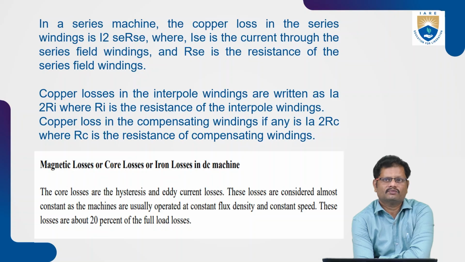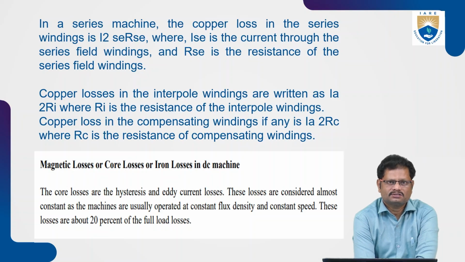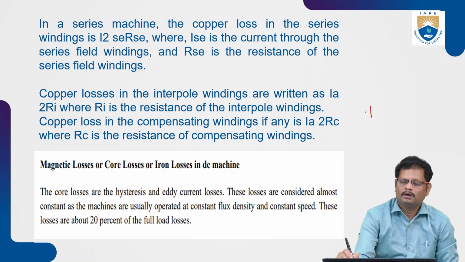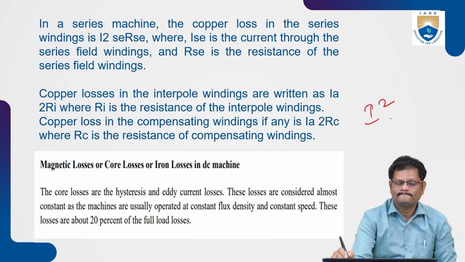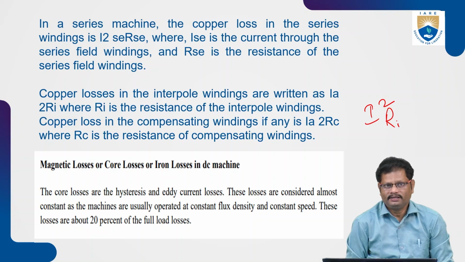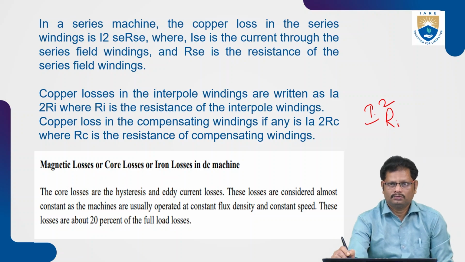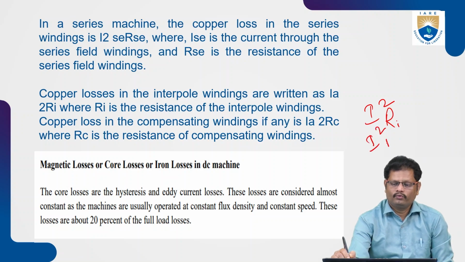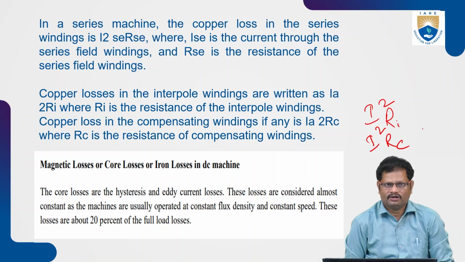The copper loss in interpole windings is written as I square into interpole resistance R_i, where R_i is the resistance of the interpole winding, and copper loss in the compensating winding, if any is there, we can write as compensating winding losses, where R_C is the resistance of compensating winding.